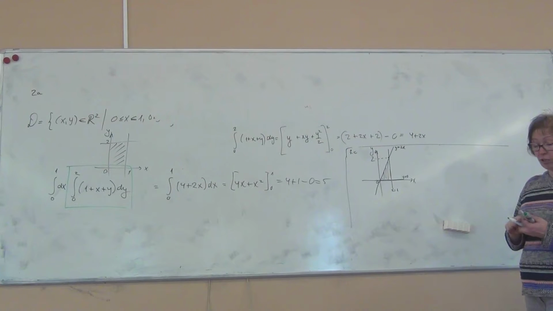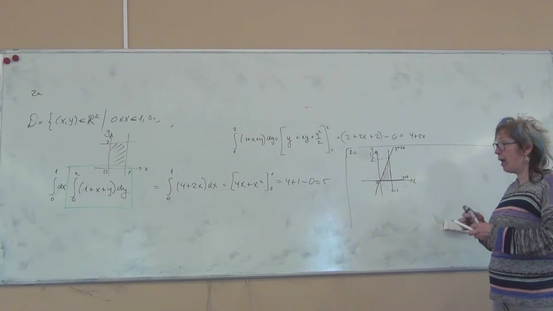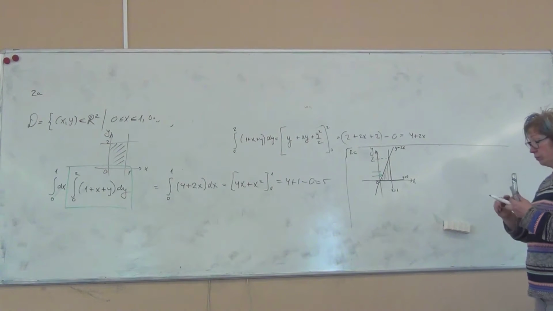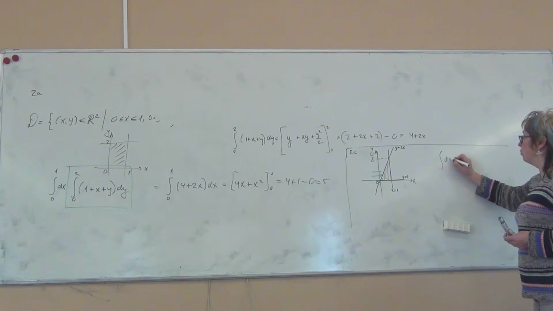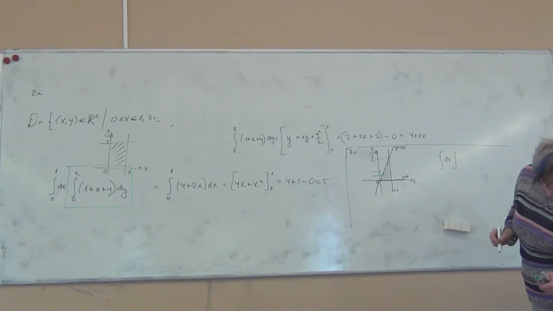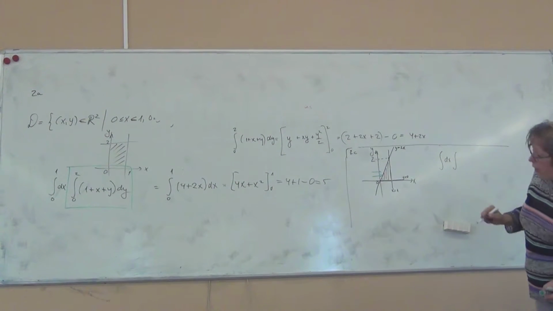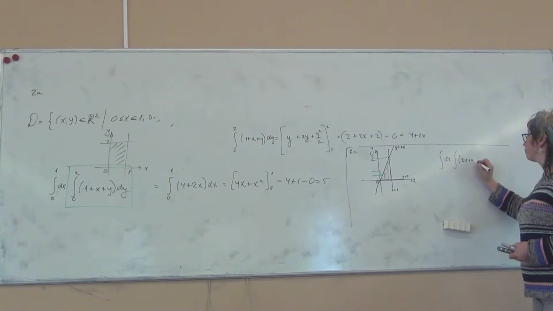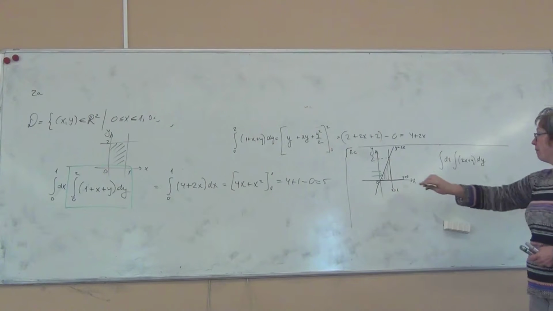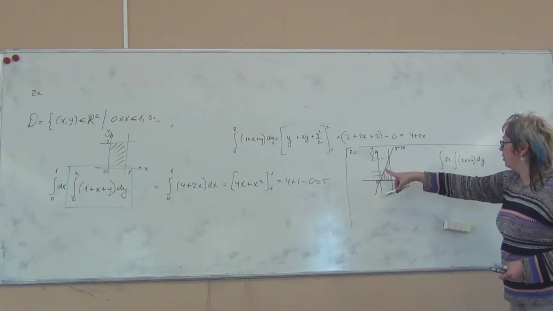So traditionally, as always, I'm used to going by y first. So dx is left for later, and we start with this function, 2x plus y, integrated by dy. Okay, I went by dx for some reason.